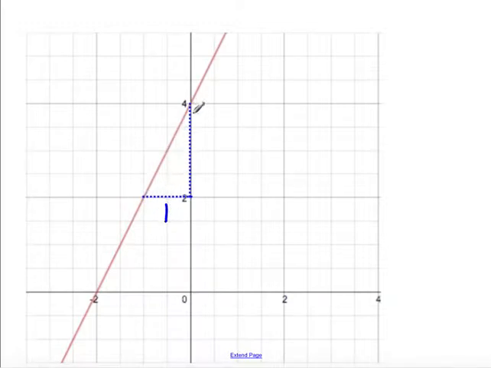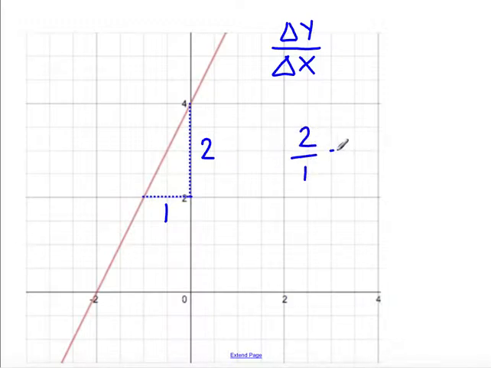And from here to here, we're really going up from 2 to 4, which is 2. So again, we have our change in y over our change in x. Our change in y, so our vertical change, is 2. And our change in x, or our horizontal change, is 1. So our slope is 2.